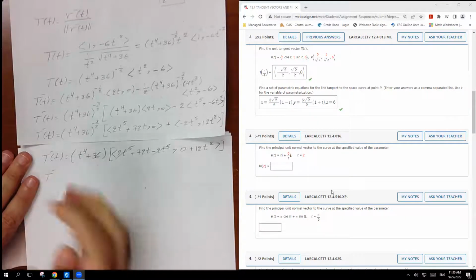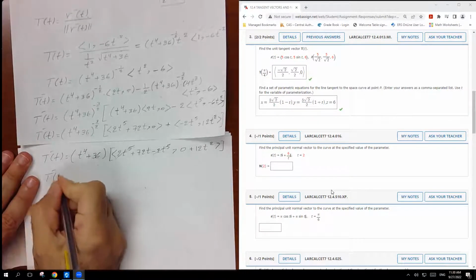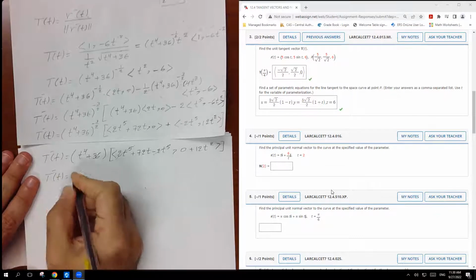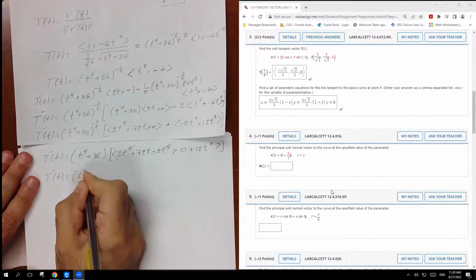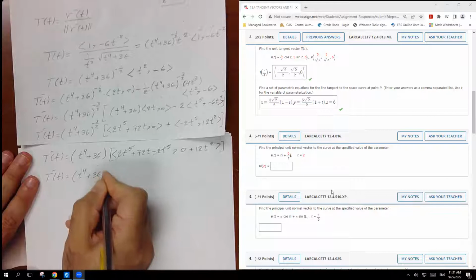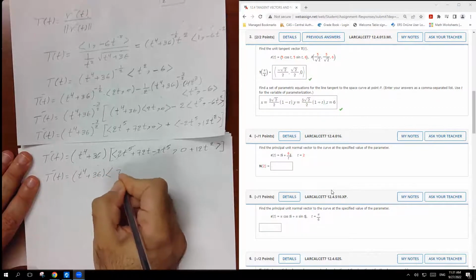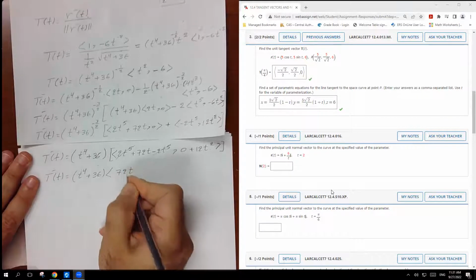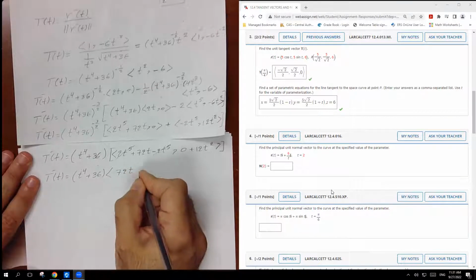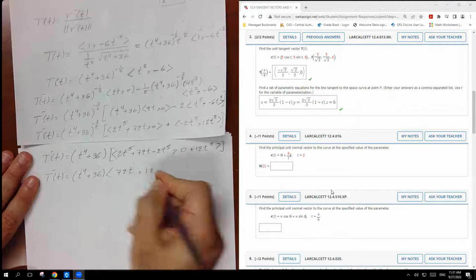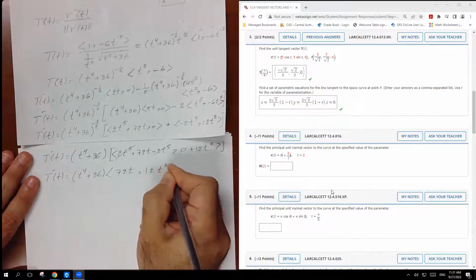So t prime over t is going to be, keep this one here, plus 36. And here is going to be a vector with 72t and 12t squared.